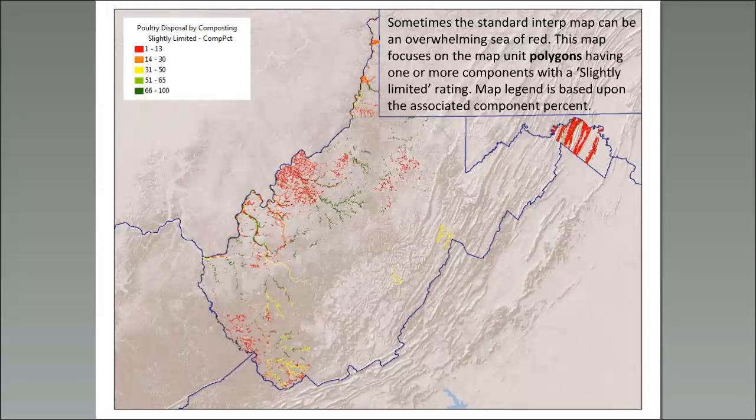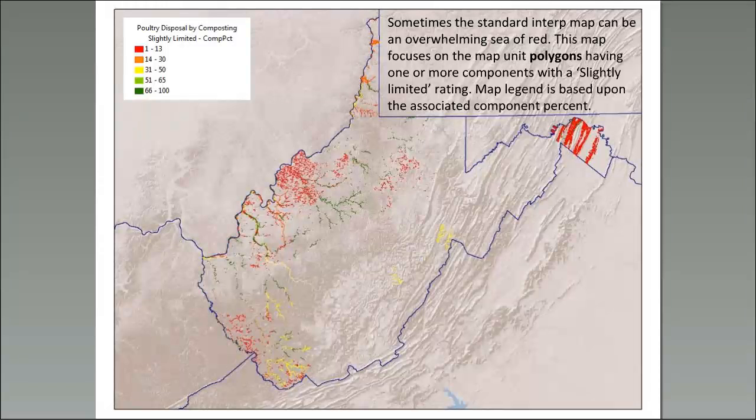Since the component percent is part of the rating table, I was able to color the map based on the component percent. So those green areas are the map units that have a large component percent that is slightly limited, and the red are probably just minor components, so maybe those wouldn't be quite as suitable unless they're a very large map unit polygon.